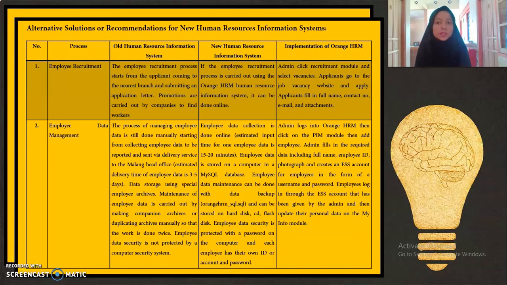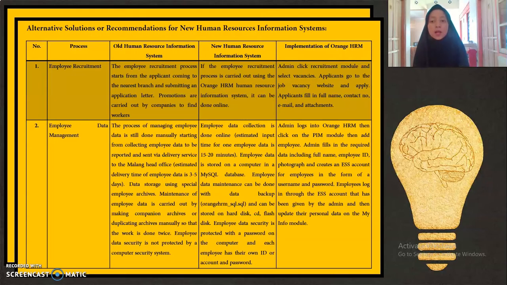Okay, based on that case study, the alternative solution or recommendation for the new human resource information system is, first, about employee recruitment. The old human resource information system explained that the employee recruitment process starts with the applicant coming to the nearest branch and submitting an application letter.